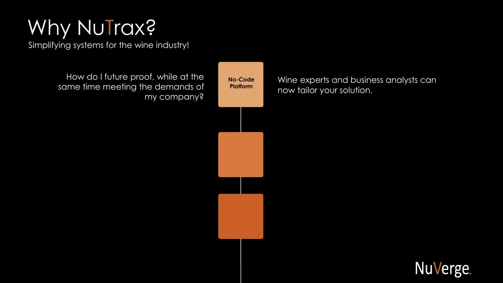So to finalize some of this up, I want to go back to those initial questions that we talked about at the beginning. How do I future-proof? Ultimately, the no-code platform, Nextbot, enables not only you to take on the NuTrax product that we built, but also enables you as business analysts and wine experts to tailor your solution. I think Lubomir said it really well earlier in regards to how he was able to make changes very quickly.